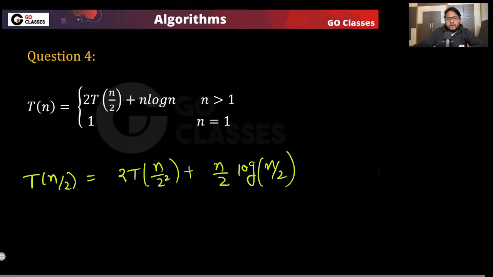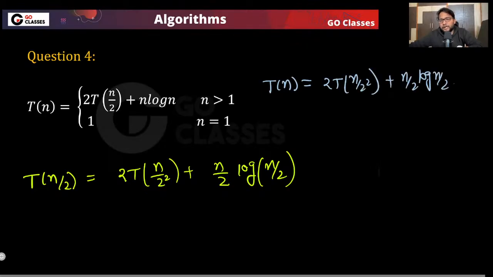So this Tn will become 2 of T of n by 2 plus n log n. So you will be writing this Tn by 2 here.